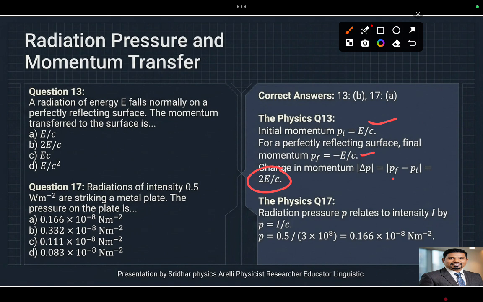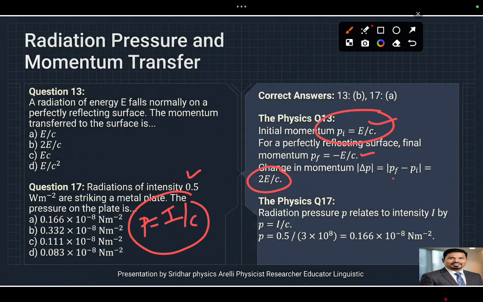Radiation pressure: intensity 0.5 watt per meter square striking a metal plate. The pressure on the plate, we know, P equal to I by C. Here P equal to E by C is in terms of momentum; this is for momentum, and P equal to I by C is for pressure.